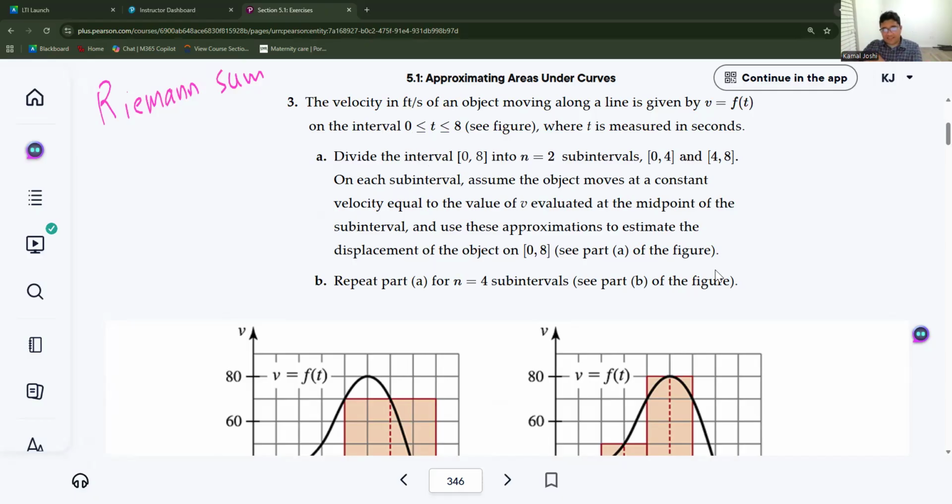That's how we get these rectangles and we add up. And we know if we have more rectangles, we'll get a better approximation of the area, right? That concept is going to be illustrated here. Part A asks for two subintervals, and part B for four subintervals. Then we'll see which is closer to the actual answer. I will discuss that once we are there.